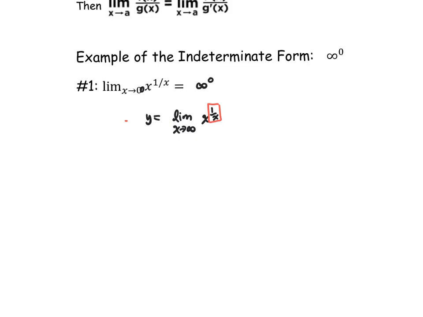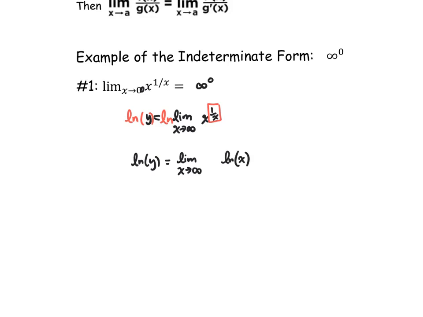I'm going to take the natural log of both sides. Now, what I get is the natural log of y, and on the inside, I'm going to do a little bit of manipulation and use some rules of limits. The natural log of the limit is the same as the limit of the natural log.